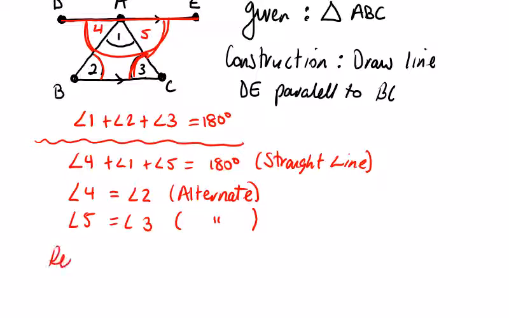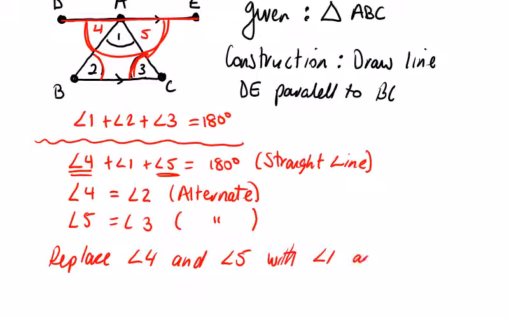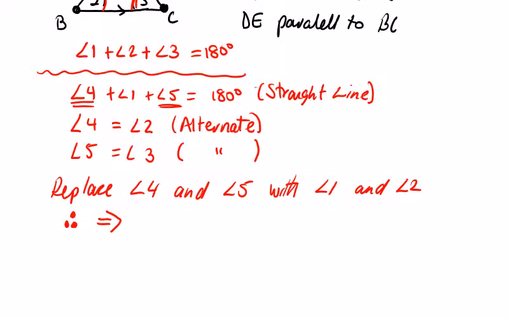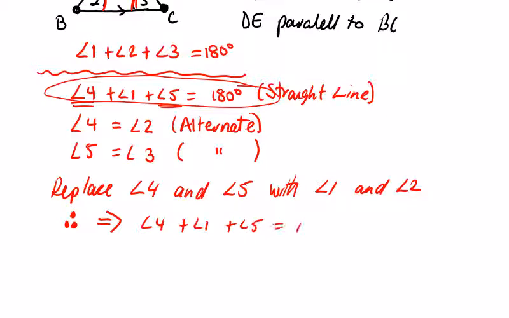So what I'm going to do is replace 4 and 5 with angle 2 and angle 3. So this implies that, from this line here, 4 plus 1 plus 5 is equal to 180.